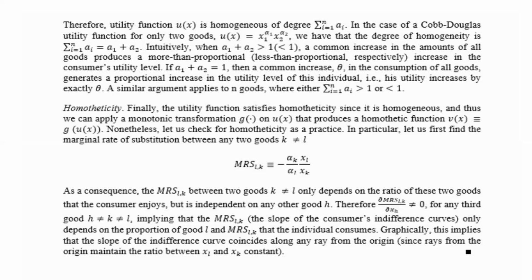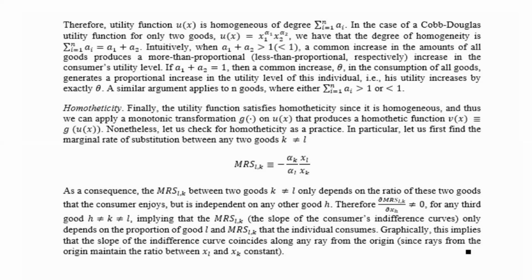That means the marginal rate of substitution of L for K will be independent of good H, and then the function will be homothetic. But if the marginal rate of substitution of L for K depends on the third good xh, then this utility function won't be homothetic. So there is a printing mistake here. It will be equal to 0 to become homothetic.